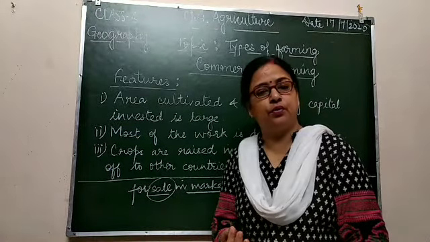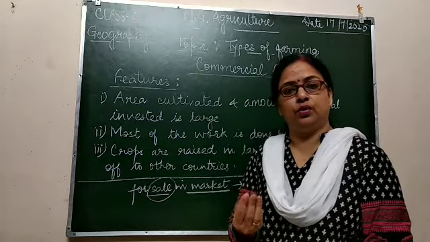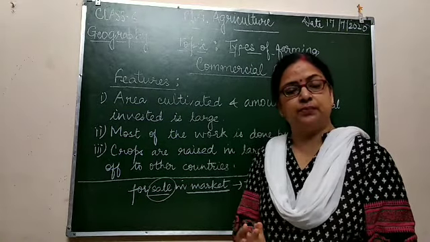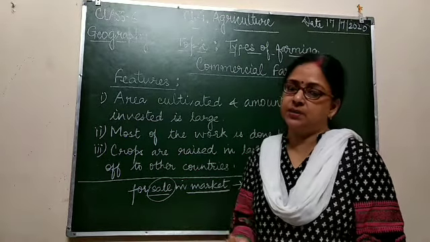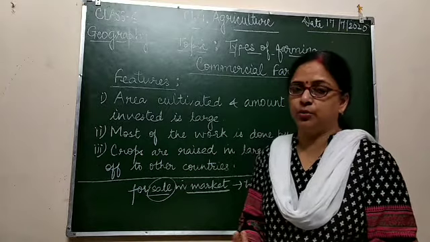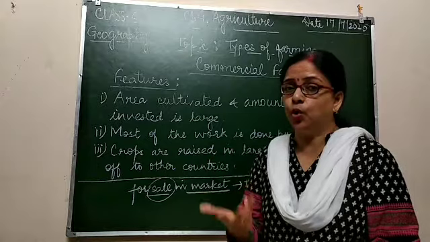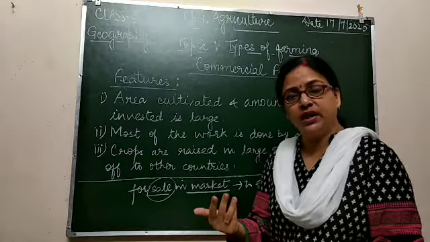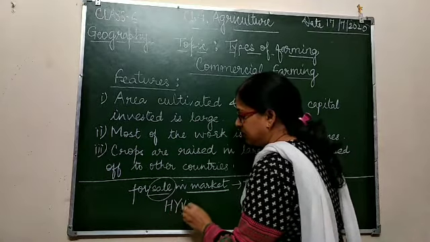This type of farming involves the use of HYV seeds, chemical fertilizers, insecticides, and pesticides for higher productivity. To grow more and more, what do they use? They use HYV seeds.